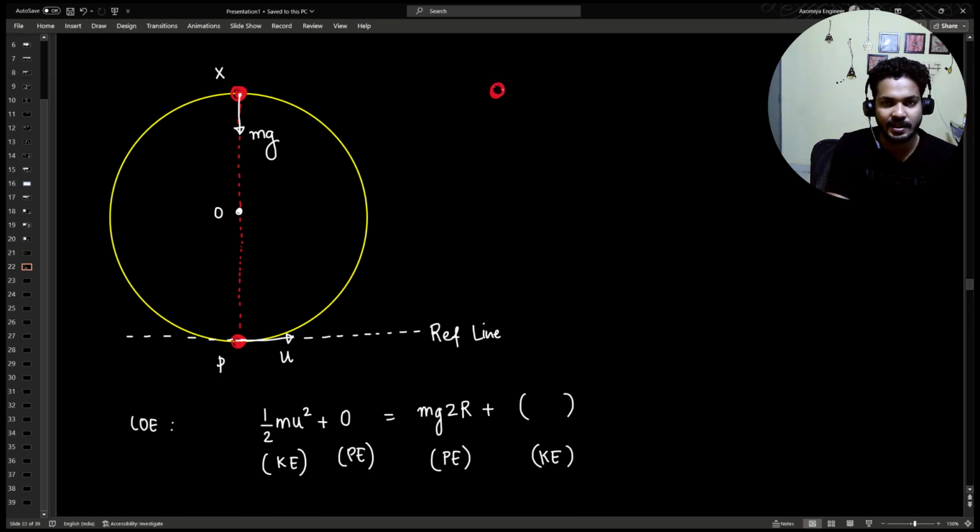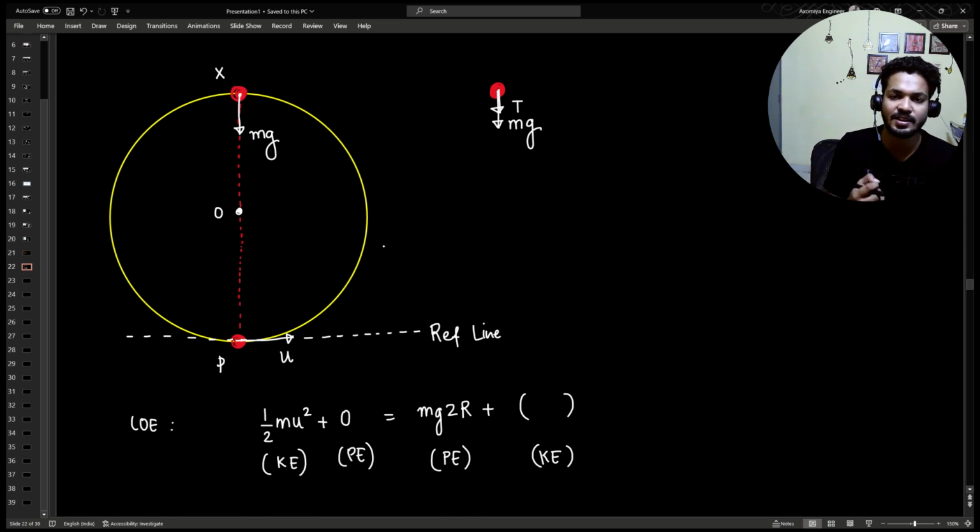Let's make it with red. This is the body at the highest point. If you talk about the forces, there's only one force acting on this, mg force. For now let us also consider the tension force. So tension is also acting downwards because tension always acts along the string away from the body.